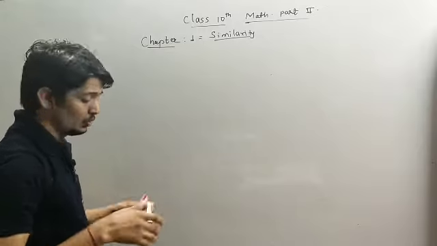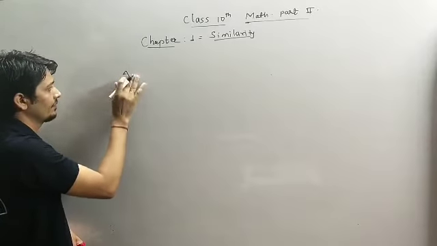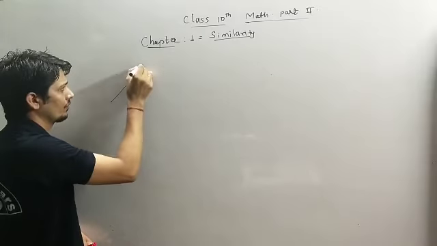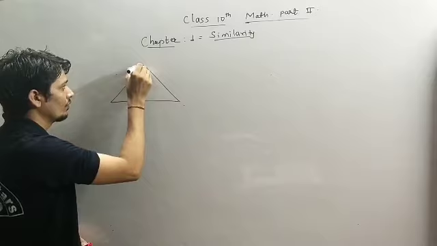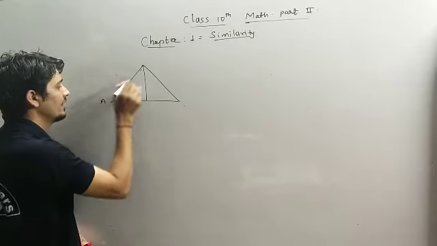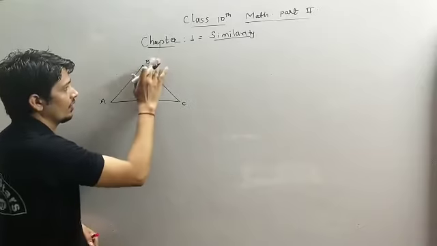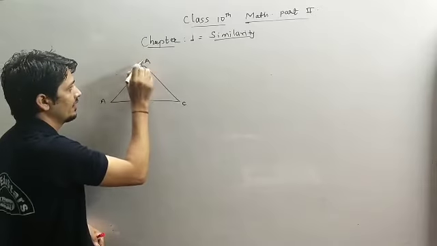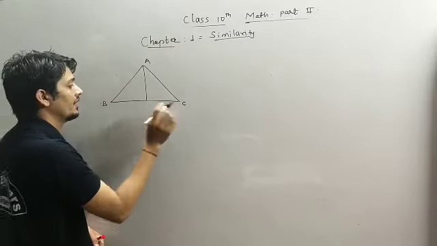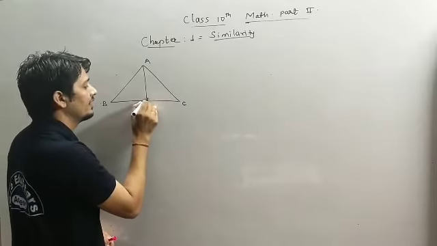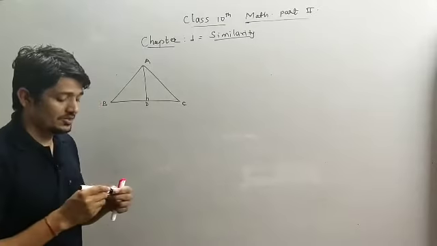So we have two triangles. Here we take A, here we have B and here we have C, and this is the height, D. This is the first triangle.